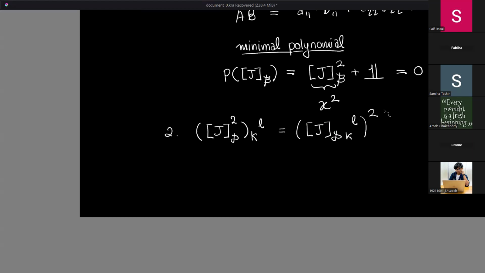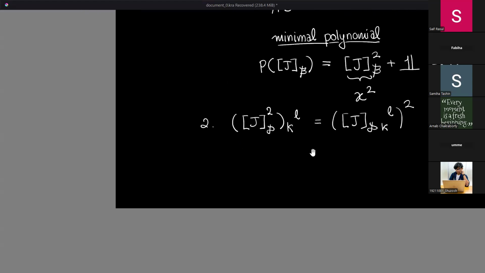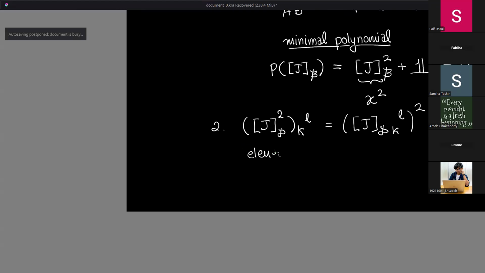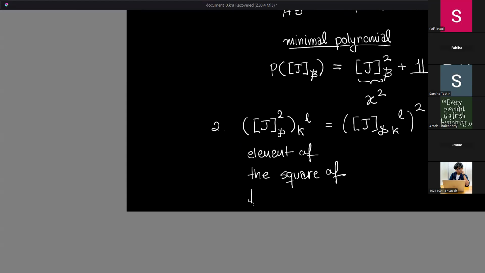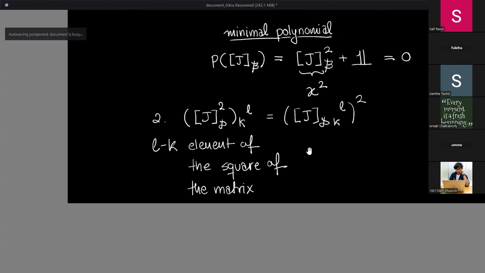So that might be subtle. We exchange the indices with the square, but what does that mean? It means that this is the element of the square of the matrix. Well, the LK element of the square of the matrix.